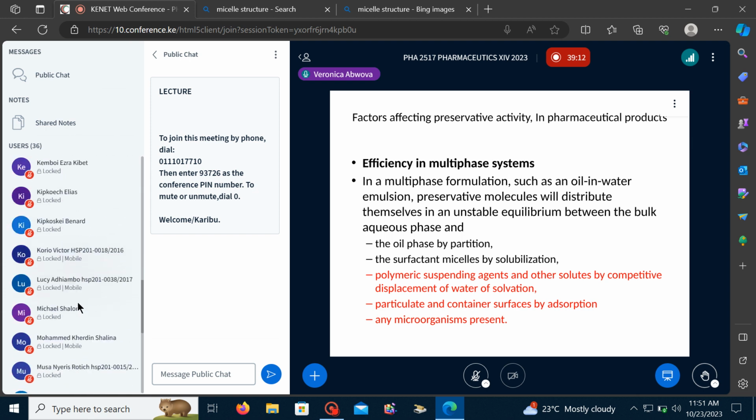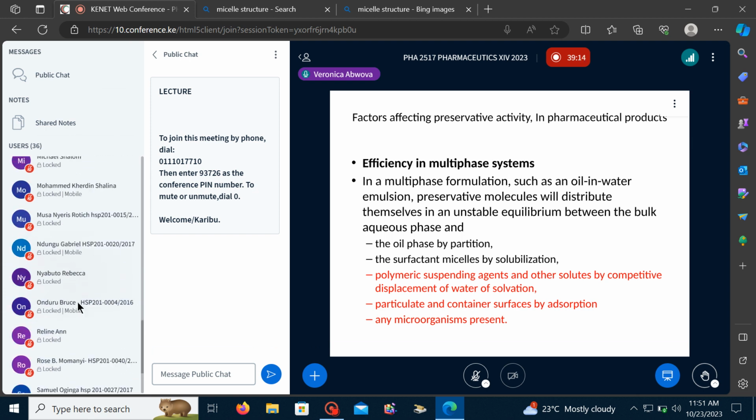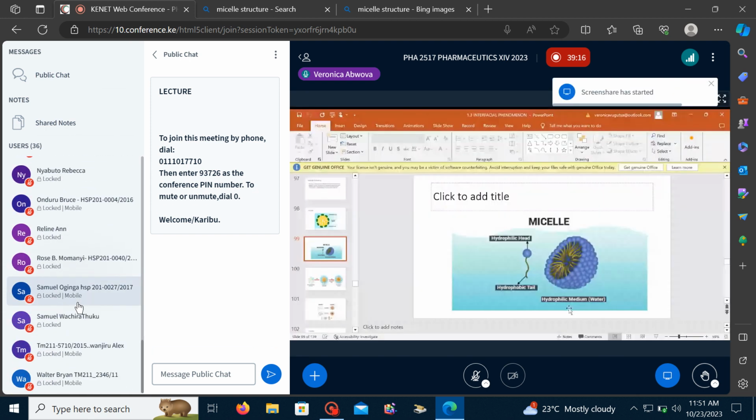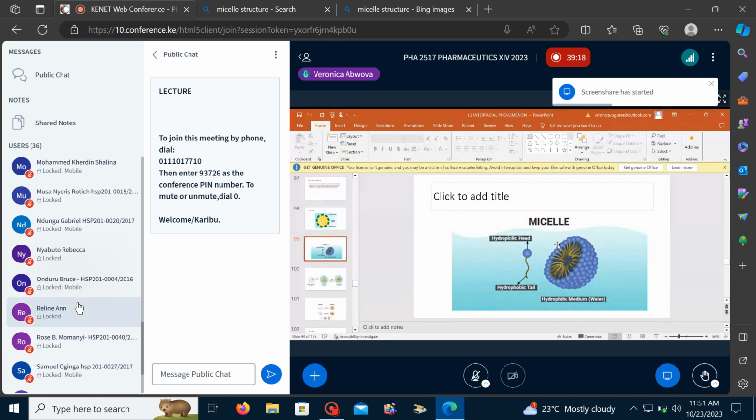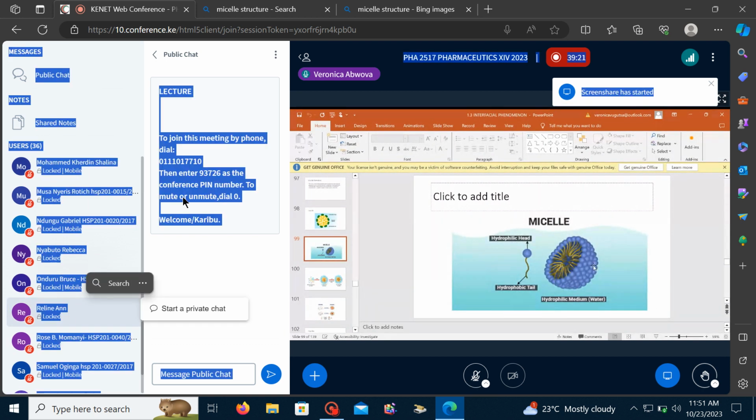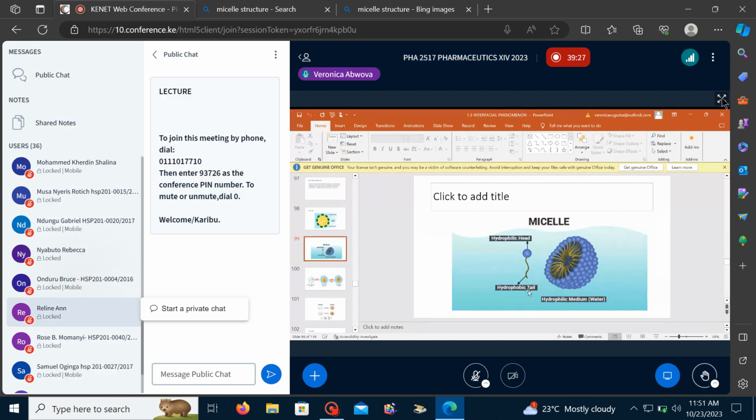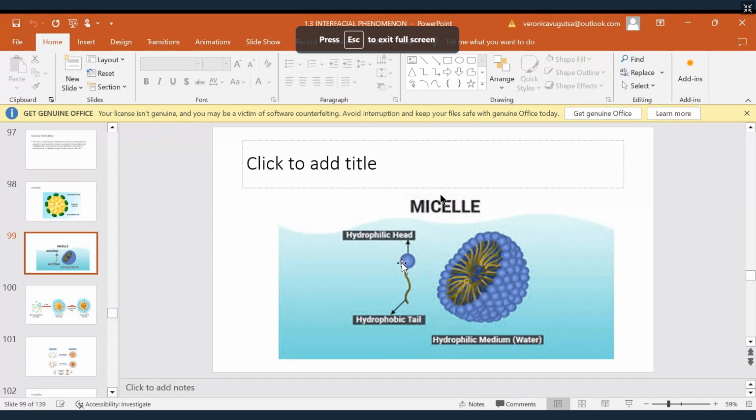Let me just share my screen to remind us a bit of what Walter is talking about. This is from the third year lecture. So this is what he's talking about. You remember the hydrophilic head and hydrophobic tail. If you add micelles to a substance like water, usually what will happen, the micelles will tend to go to the surface.